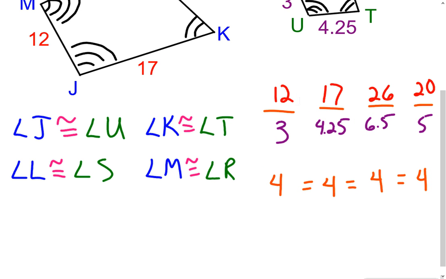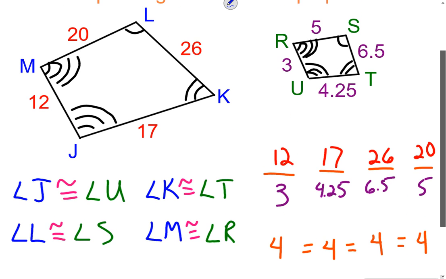Now, I want to write a similarity statement here. So what I can do is write down quad, I'm going to abbreviate quadrilateral, and it doesn't really matter what order I go in as long as I go in consecutive order. So I'm going to go quadrilateral J, K, L, M. As you can see up here, that's what I have.